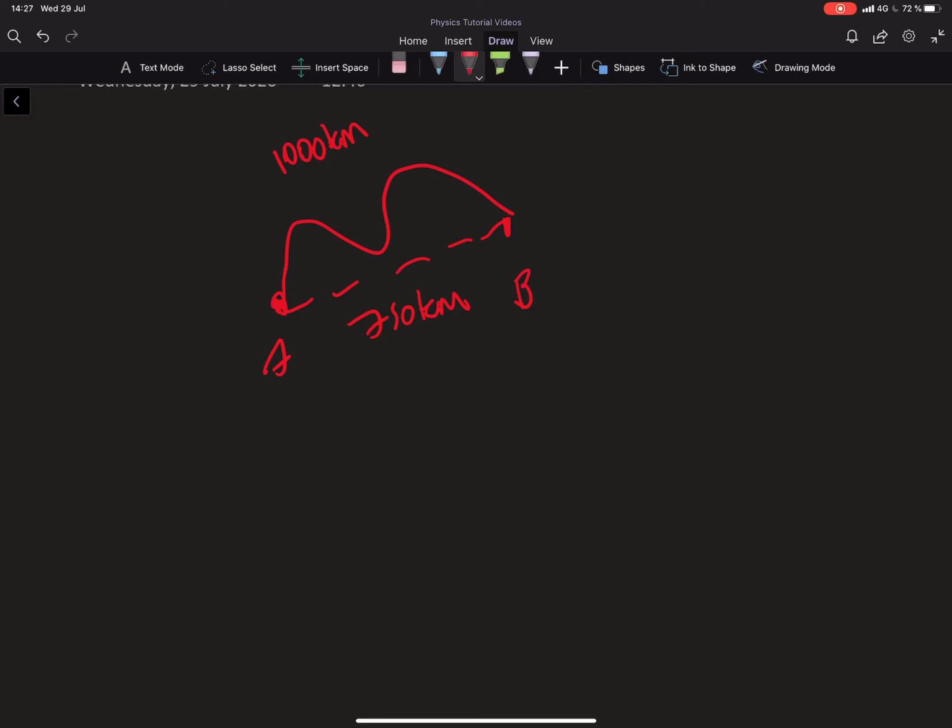So if a car travels on the road from A to B, the distance traveled by the car is 1,000 kilometers, but the displacement of the car is only 750 kilometers, because it's the most effective way to get from A to B, essentially.